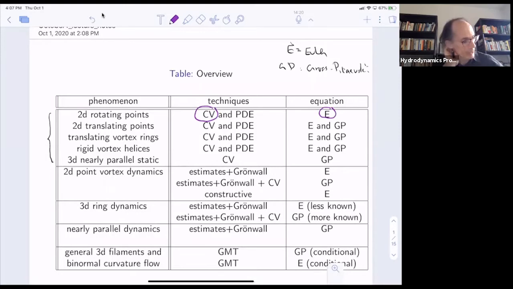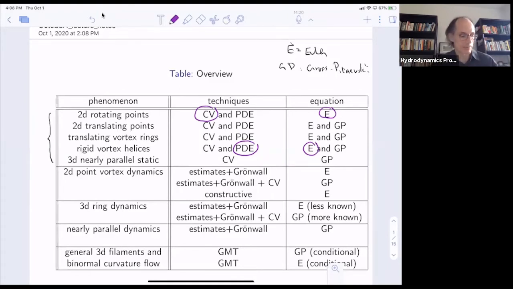I think the one I will do is rigid vortex helices for Euler. This is a very recent result, from within the last 2 or 3 months. Hopefully at least the main ideas can be presented here. Probably not all the details, but I want to give at least a feeling for how this goes.